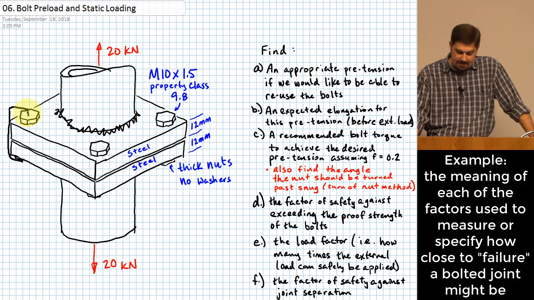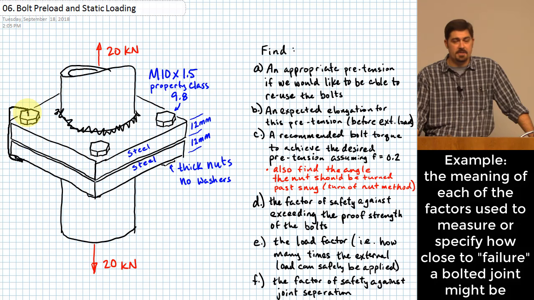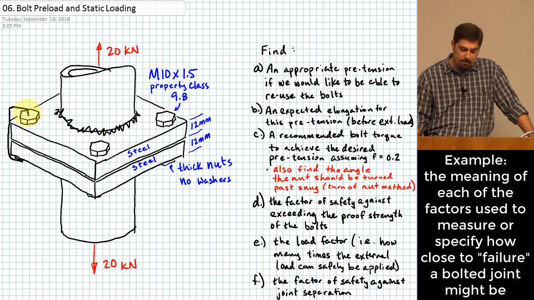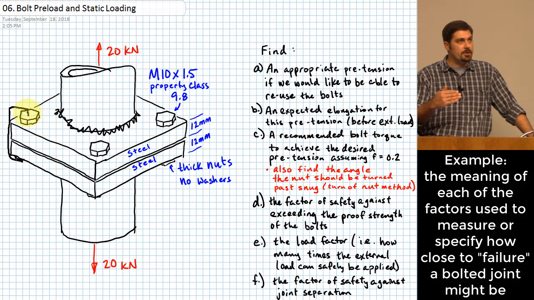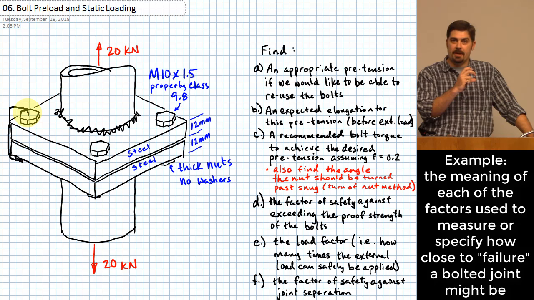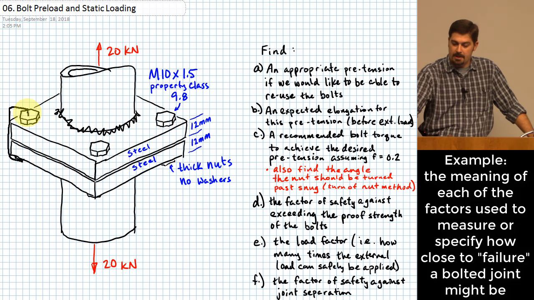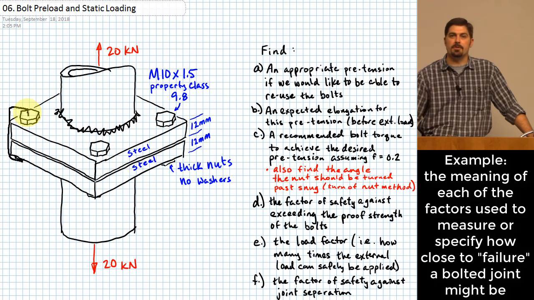A lot of times what we want with a factor of safety is to know how many more times the amount of load we can put on it before we have a failure. Well, since we are pre-tensioning these bolts, some of the added load goes into relaxing the member that it's clamping rather than just increasing the load in the bolt, which makes it a nonlinear relationship. You can't just multiply by a factor of safety that you compute to figure out how many more times load you can apply to it.